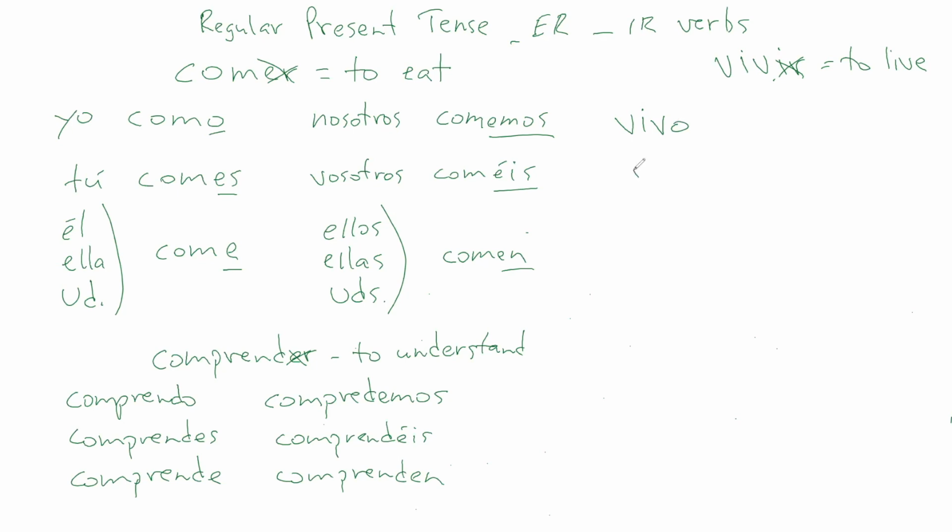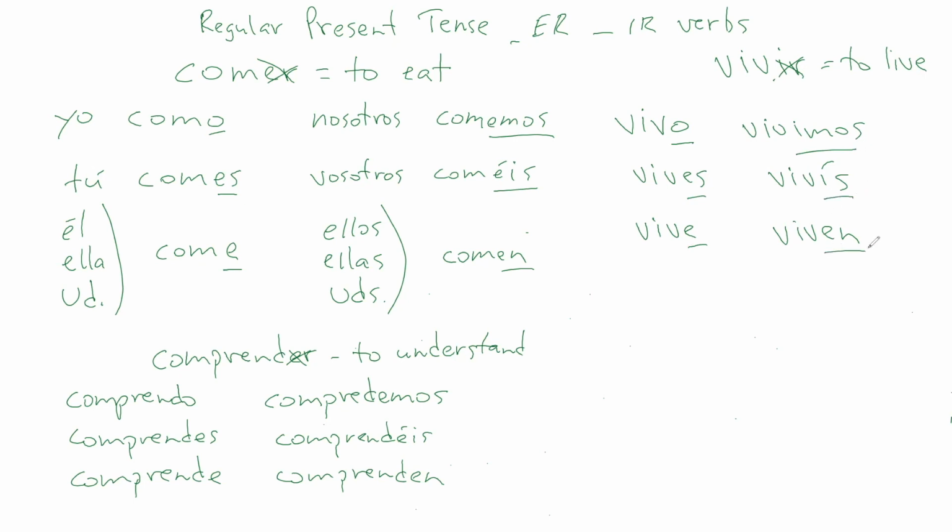Vivo, vives, vive, vivimos, vivís, viven. Okay, so for a regular IR verb, our endings are O, ES, E, IMOS, I with an accent S, EN.